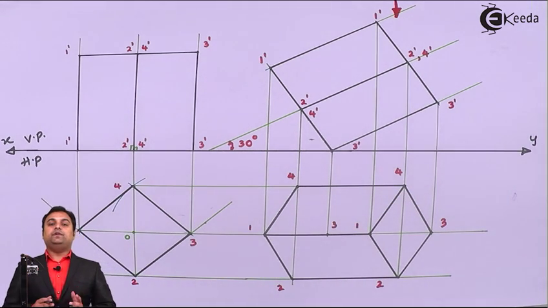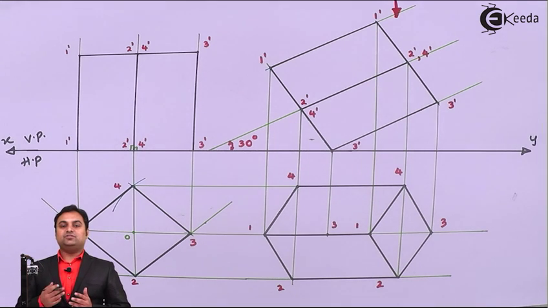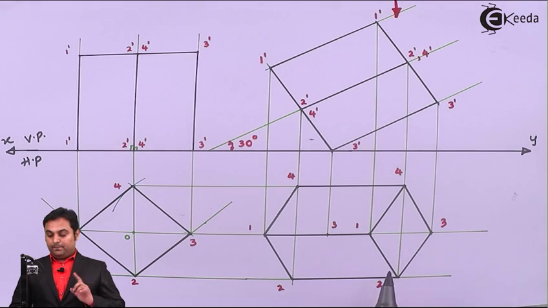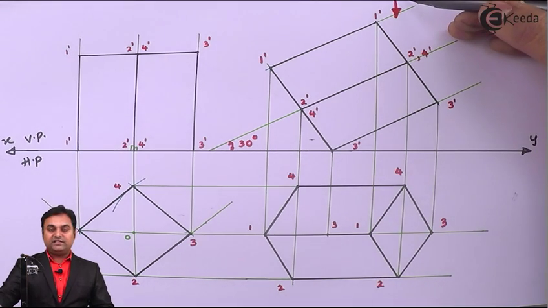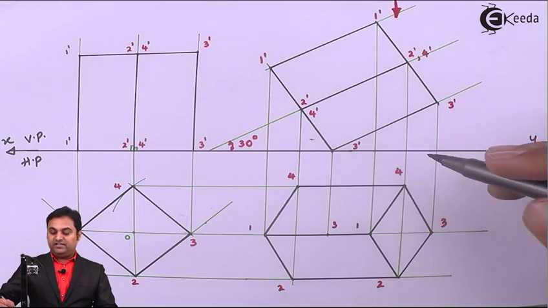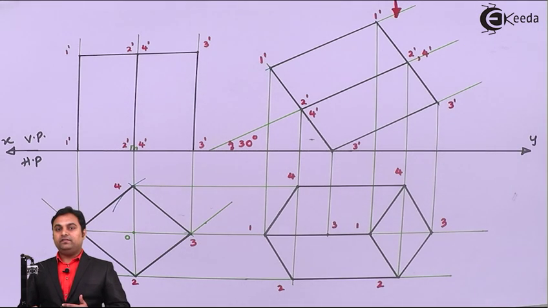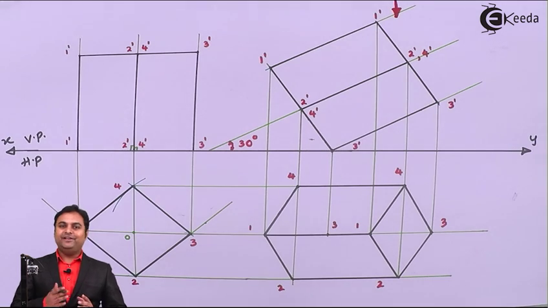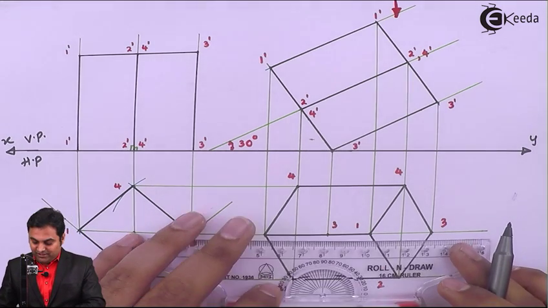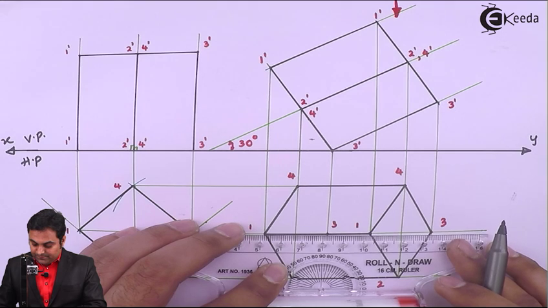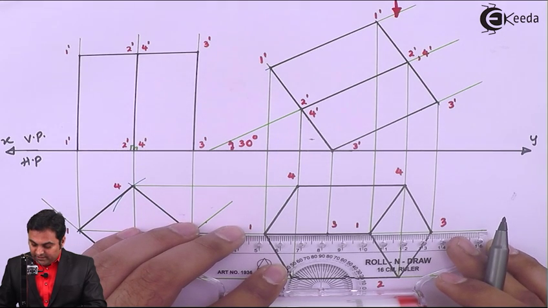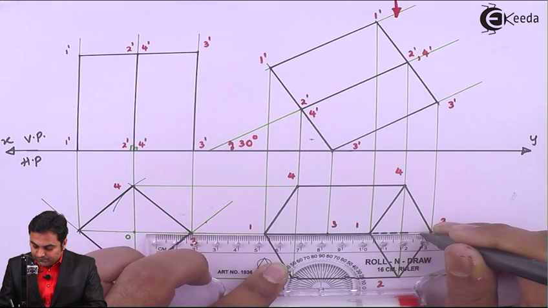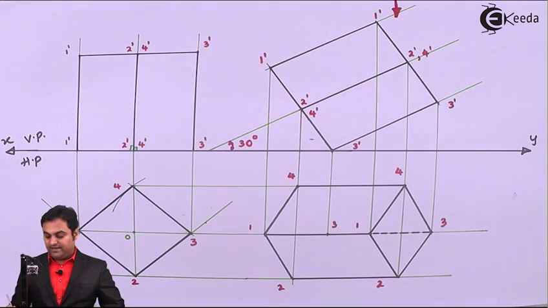Next, as the square prism has all the edges which are continuous, so even 3 and 3 will be connected. But if I see here, observer is at the top, edge 3 dash is at the bottom. It means that edge won't be visible to the observer, so it should be hidden. So connecting 3 and 3 with the help of a hidden line, which is a dashed line.